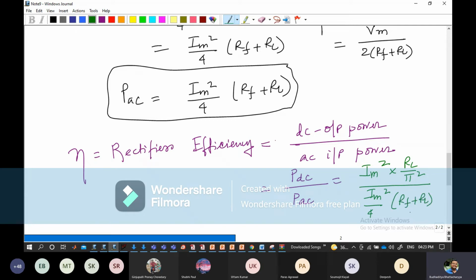Am I clear why we are doing all this calculation? Because as I said, we are trying to estimate the efficiency of the rectification. For that, we need two powers: one is the DC power and the other one is the AC power.